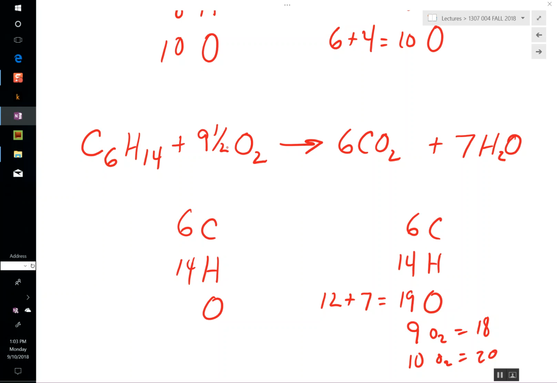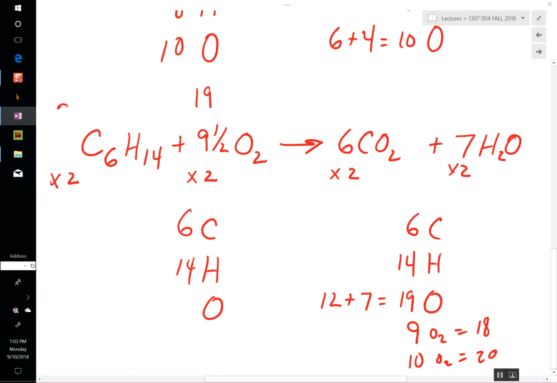coefficients. But if you were making pancakes and you didn't want 12 pancakes, you wanted 24, you would double everything in the recipe. So if you multiply every one of these coefficients by 2, what that does to the 9.5 is it makes it a 19. 18, 2 halves is another 1, that's 19.